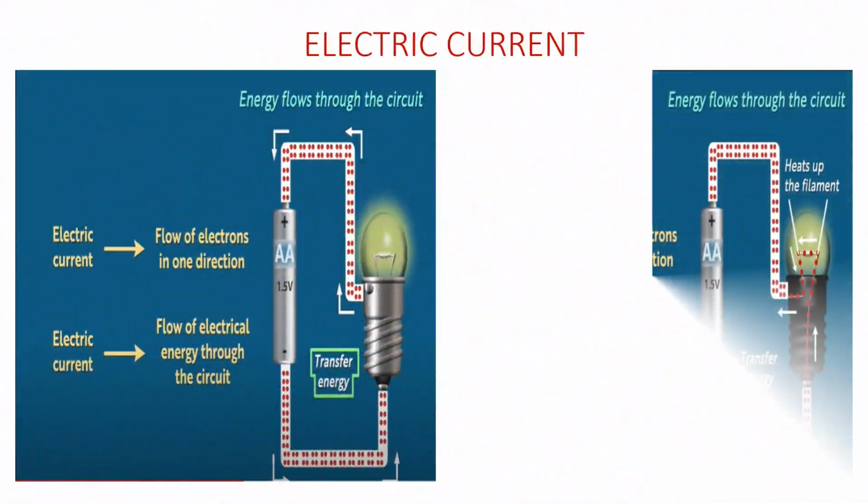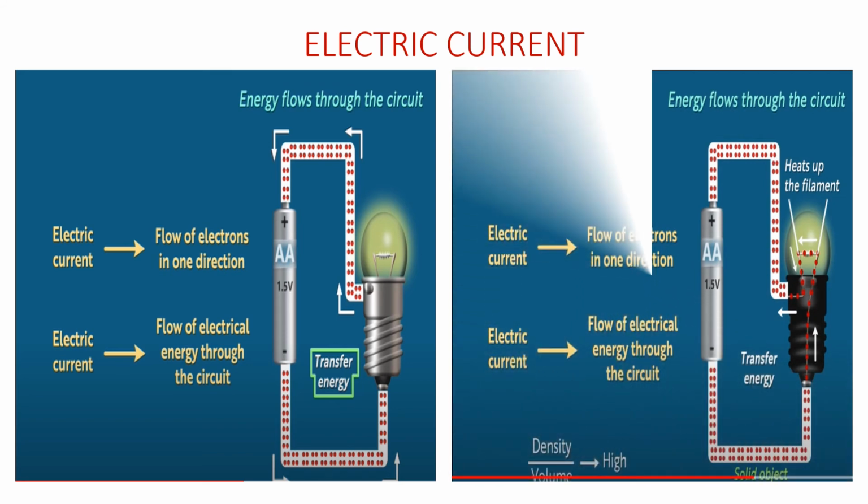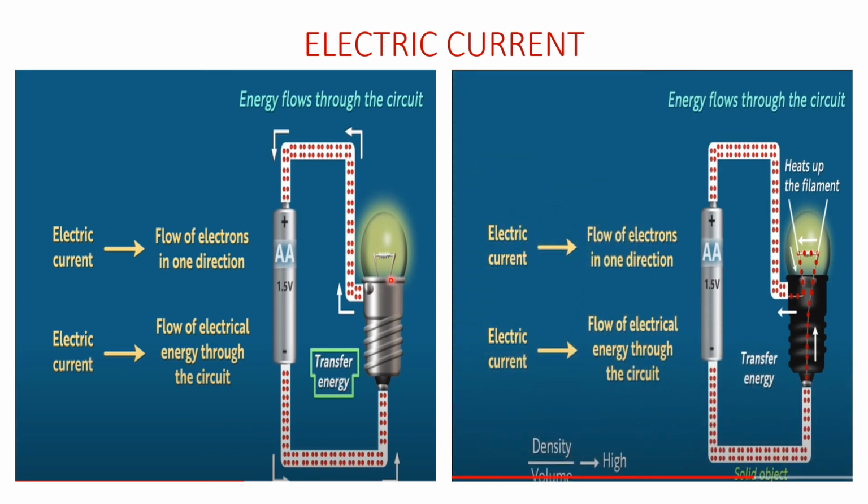How electricity works. What makes the bulb glow? Electric circuit, as we have seen, is the path along which electric current flows. Here we can see a closed loop is formed by connecting the cell, wires and bulb.